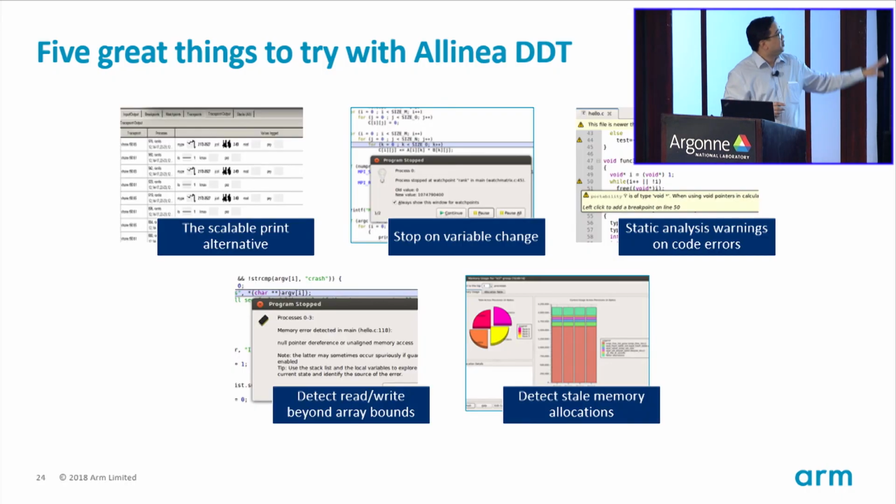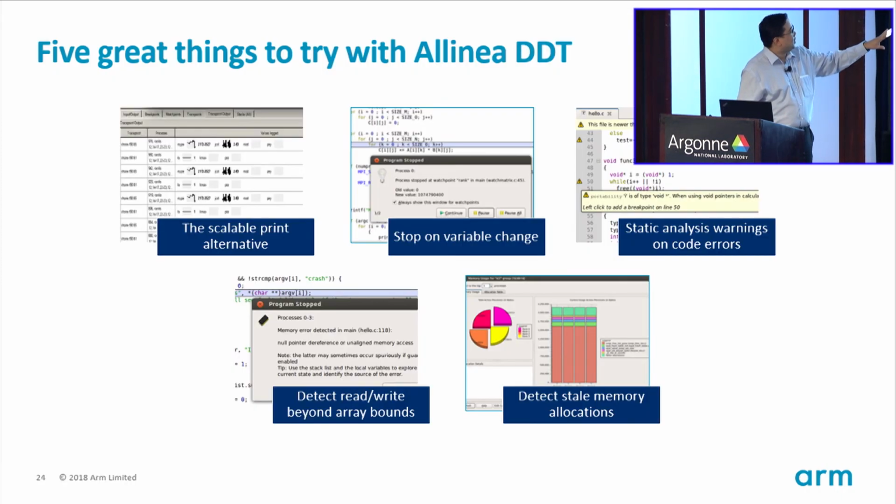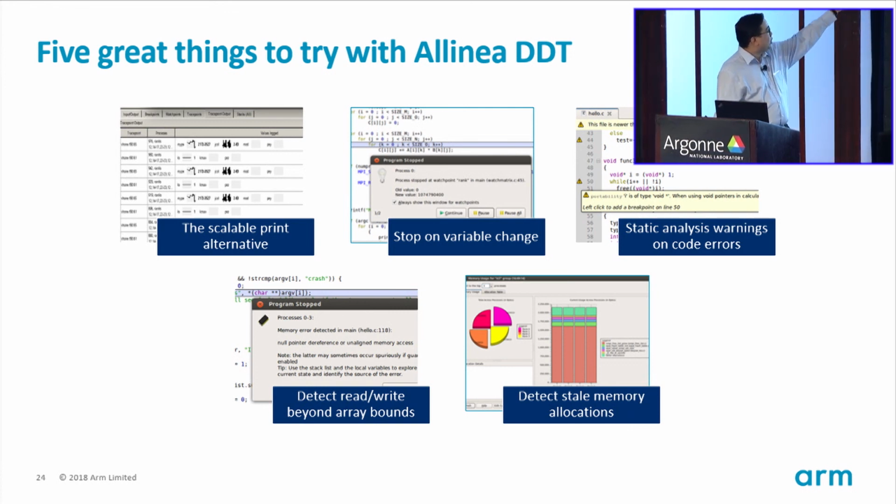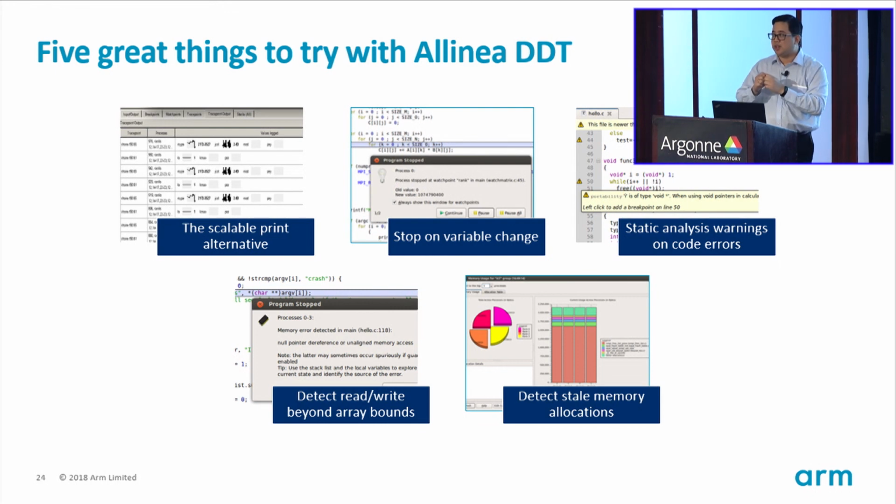These are some things that you can do with DDT. As I said, DDT is a nice scalable alternative to just print statements. With the client, you can see the value of variables across all of the MPI ranks. You can trigger what's called a watchpoint. If you're interested in a variable and you suspect its value is being changed, even though you don't recall explicitly changing it, you can set a watchpoint on it. DDT will alert you anytime there is a change made to that variable.